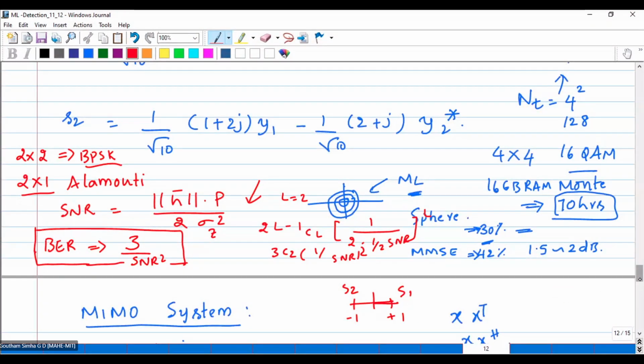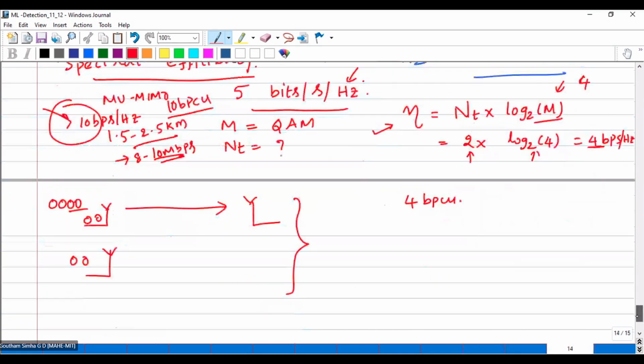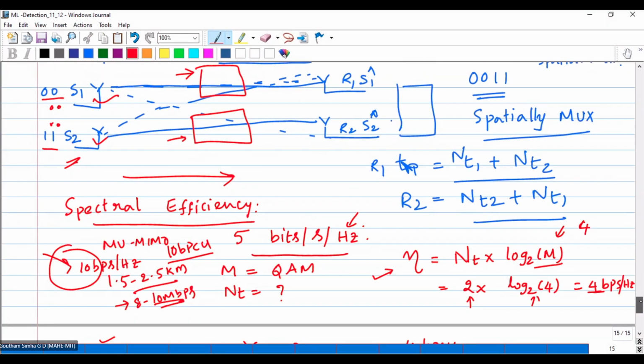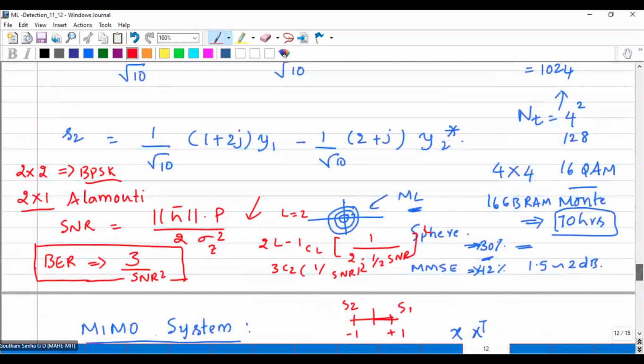Now, very good question actually. Now if you go for QPSK, then you have to slightly alter this, because 2 cross 2 means you are pushing 2 bits from one antenna, 2 bits from another antenna. So it will be QPSK, and you will get 2 bits of information from the first transmit antenna, 2 bits of information from the second transmit antenna.